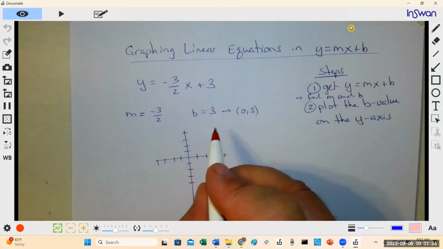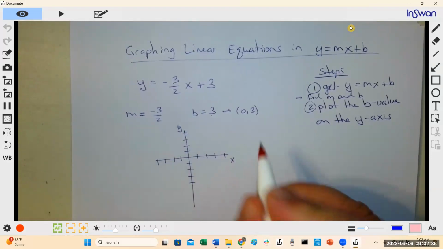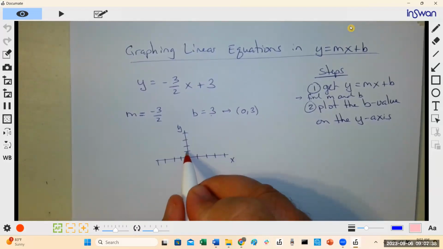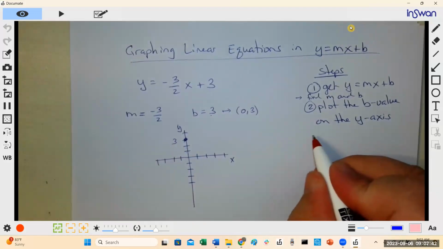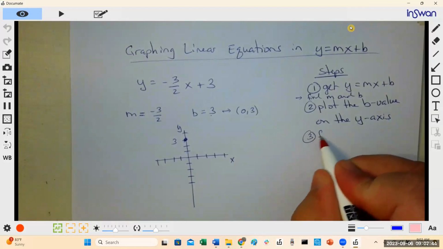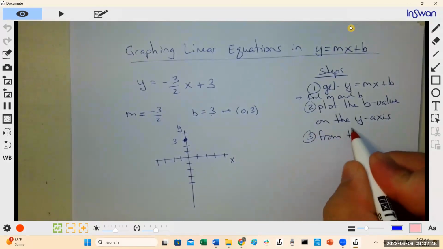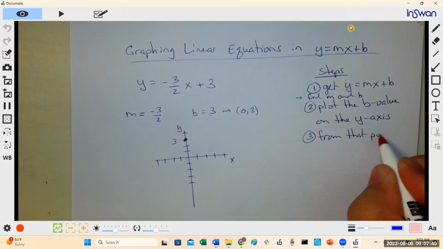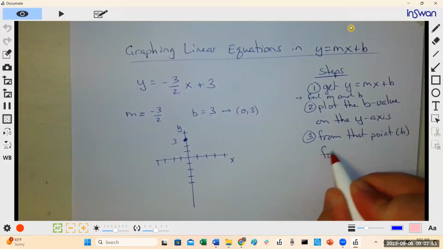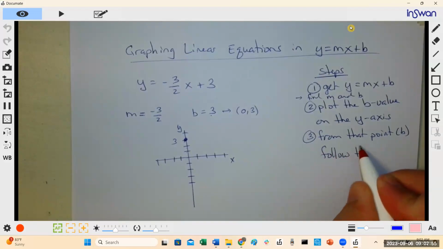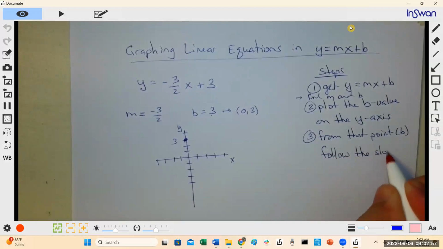So we plot our b first. This is the y-axis. This is the x-axis. It's positive, so we go up 1, 2, 3. From that point, the b point, follow the slope.